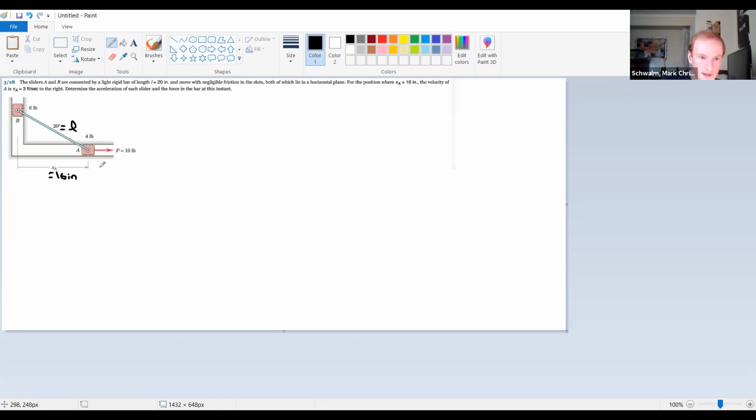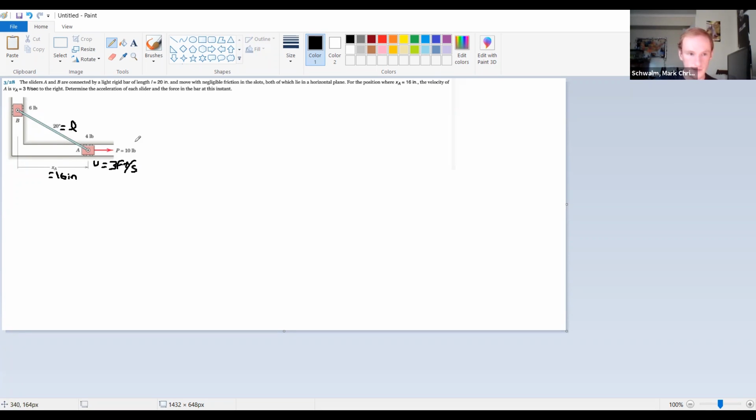Determine, all right, so we got a velocity here for A equals 3 feet per second. Since we're working in feet per second, we're going to want to change this 20 and this 16 into feet eventually.